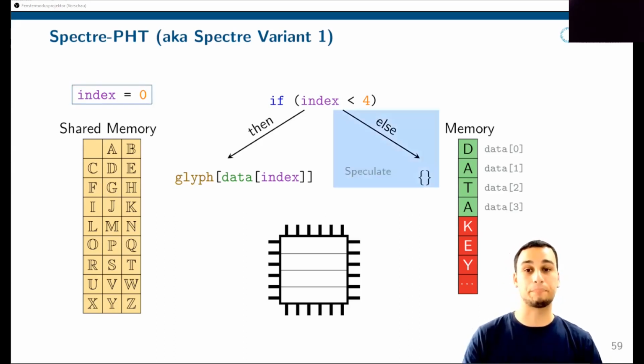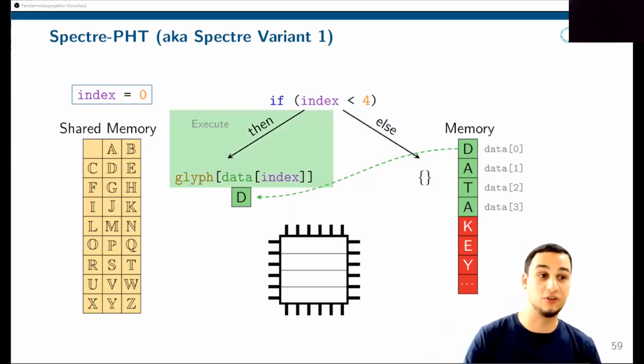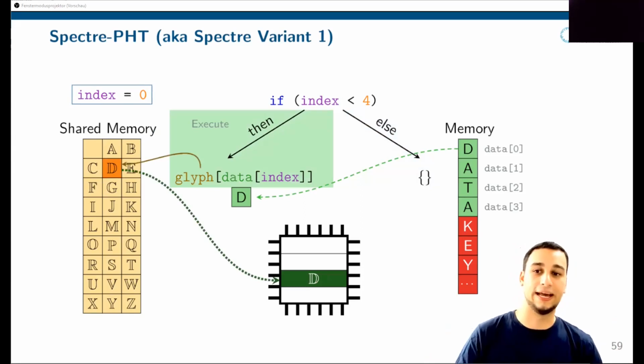And if we do that, the CPU at first has no idea if this condition is true or false, encounters it for the first time, might speculate that it is not true and executes nothing. Then it resolves the condition and sees, oh, it was actually true, index 0 is smaller than 4. So we can safely execute that, fetch data at 0 from memory, it's D, and then access the shared memory at the D page and cache that.